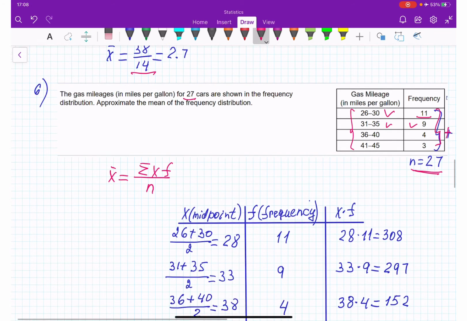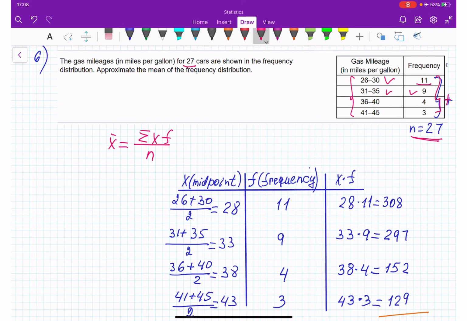So the formula for the average of a frequency distribution is the sum of X times F, where X is the midpoint and F is the frequency, divided by N, our total of 27 cars. X is going to be the midpoint, because if I have between 26 and 30, which number is going to represent X?